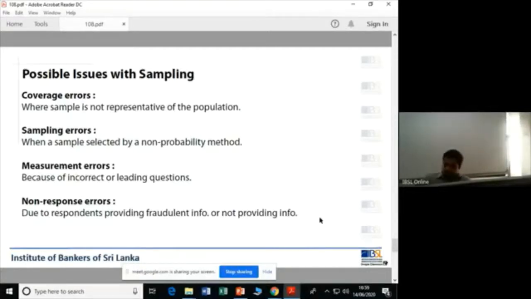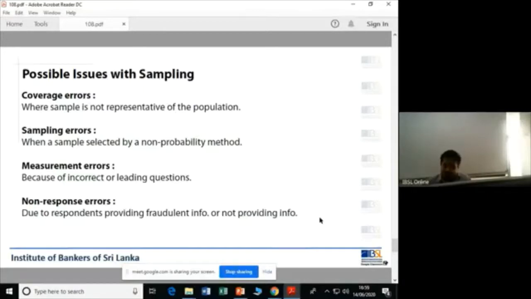But when you are trying to select a smaller set to be representative of the bigger picture, you will come up with some issues that you cannot avoid, but we will have to try to minimize them by having some idea of the sampling technique that you are going to use. So if you ask me, okay, why can't we use 2 or 3 sampling methods together? Is that possible? I would say, oh yes, definitely. You are the researcher.